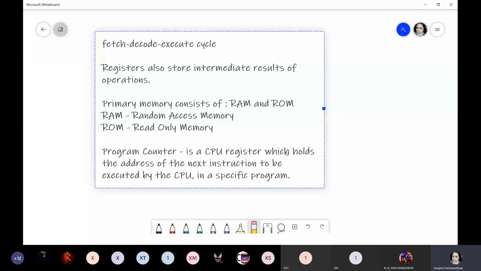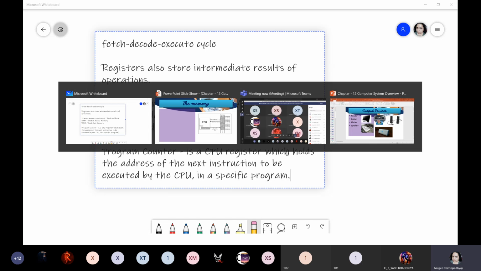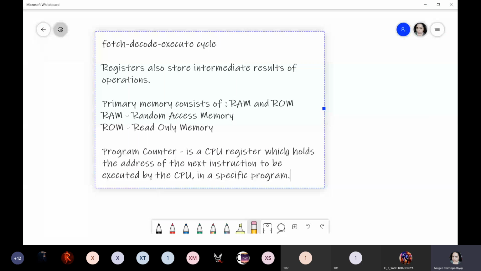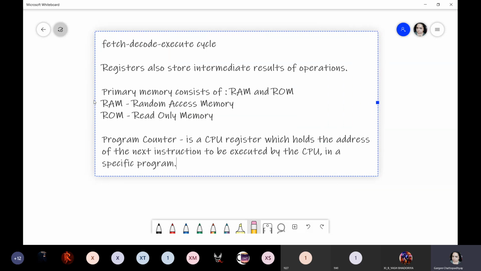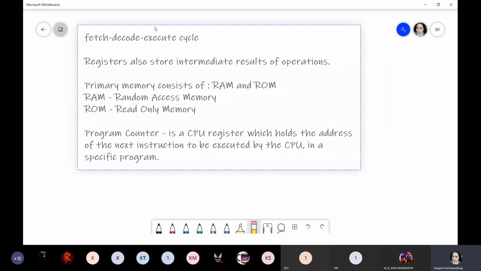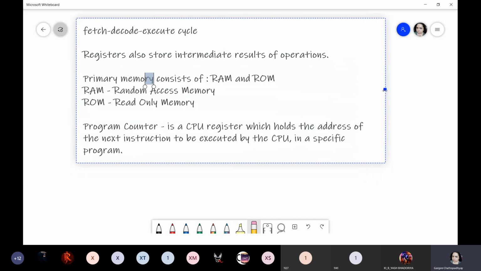The moment one instruction is fetched by the control unit, the program counter will increment and start pointing to the next instruction. Remember this. What is a program counter? Please go on writing this in your copy also. These are certain points which we might not have discussed during the class, but right now please note them down.